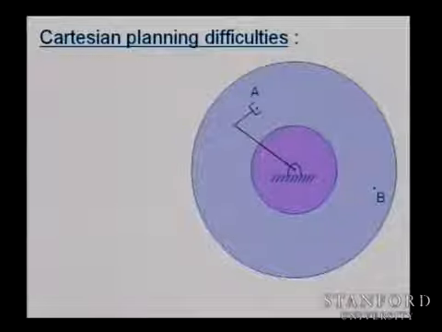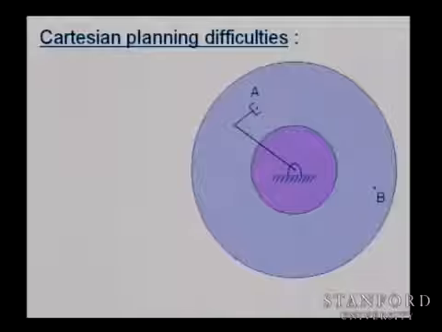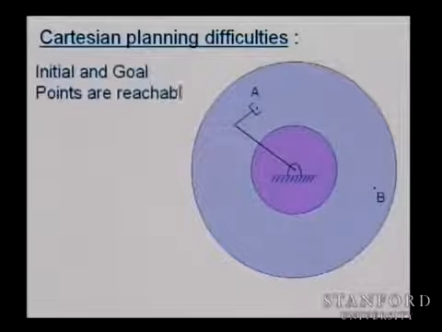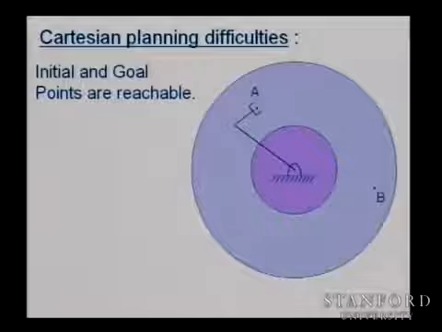When you collapse one into the other, you're traversing the inside. So the gray shaded area is the reachable space for this robot. We have two points, initial point A and goal point B. They are both reachable for this manipulator, right? They are in the reachable space.